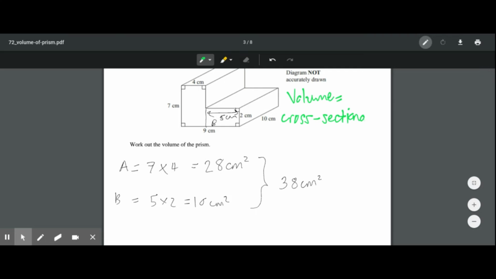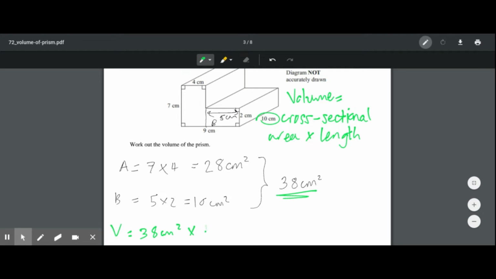Doing this here then, the cross-sectional total area is 38 centimeters squared, timesing that with the length, which is 10 centimeters, and your final volume is then 380 centimeters cubed.